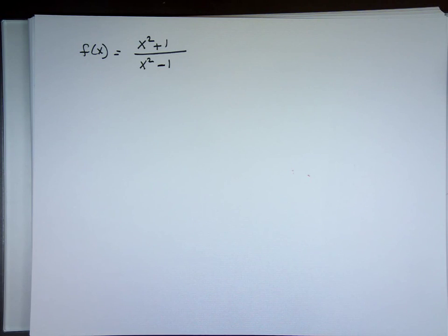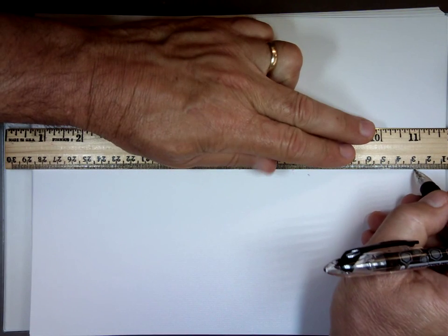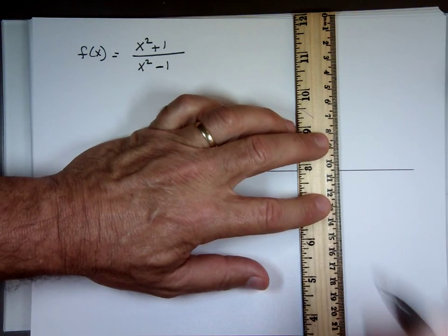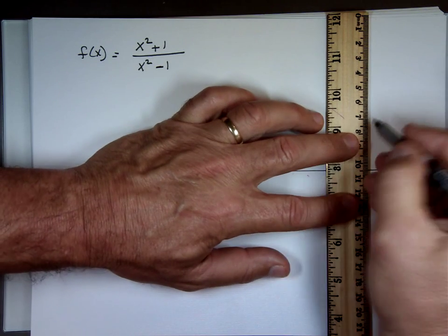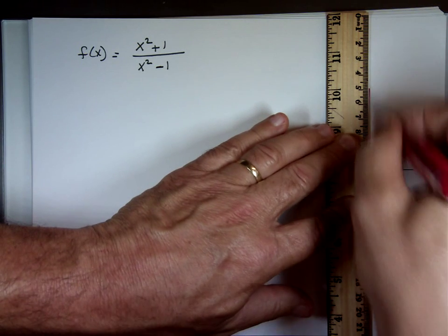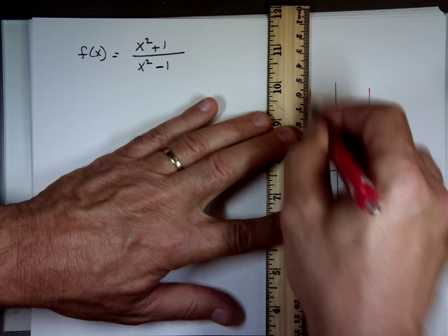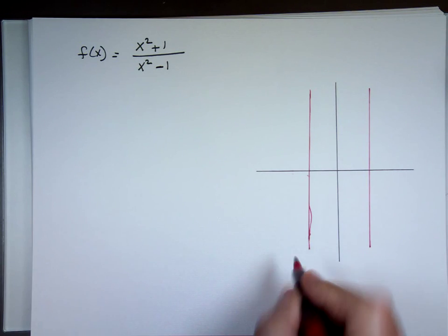Again, I'm going to attempt to graph that. Let me rephrase it there and see if I'm right. While I got my ruler, where's the red color? I'm putting 2 lines here. Not 1, 2. I'm going to have 2 vertical asymptotes.